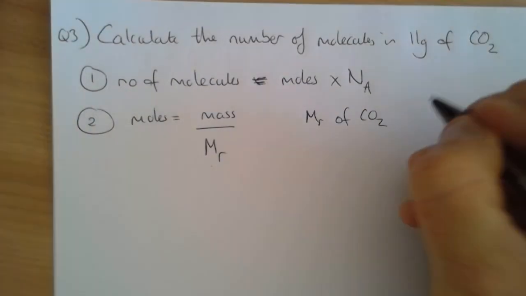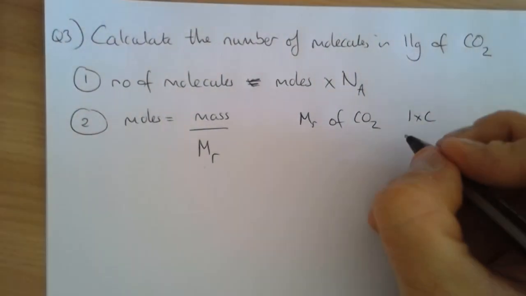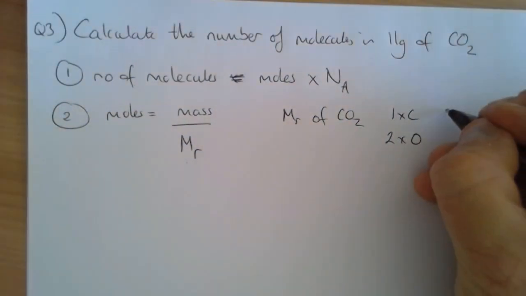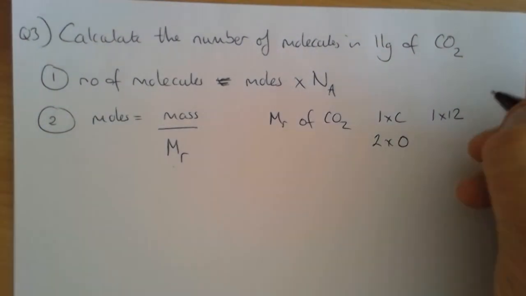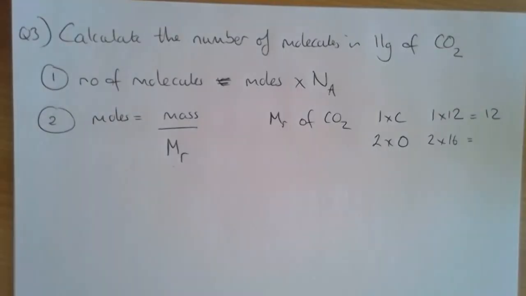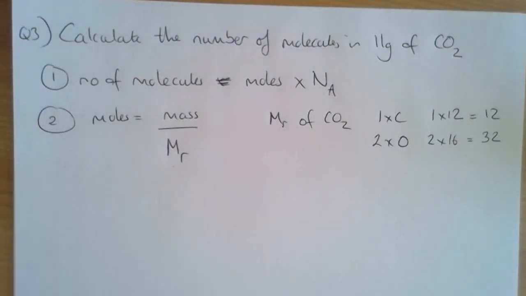Well, we know that a molecule of carbon dioxide has 1 carbon atom in it and 2 oxygen atoms in it. We would find from the periodic table that carbon has a relative atomic mass of 12 and oxygen has a relative atomic mass of 16. So 2 oxygens gives us 32.